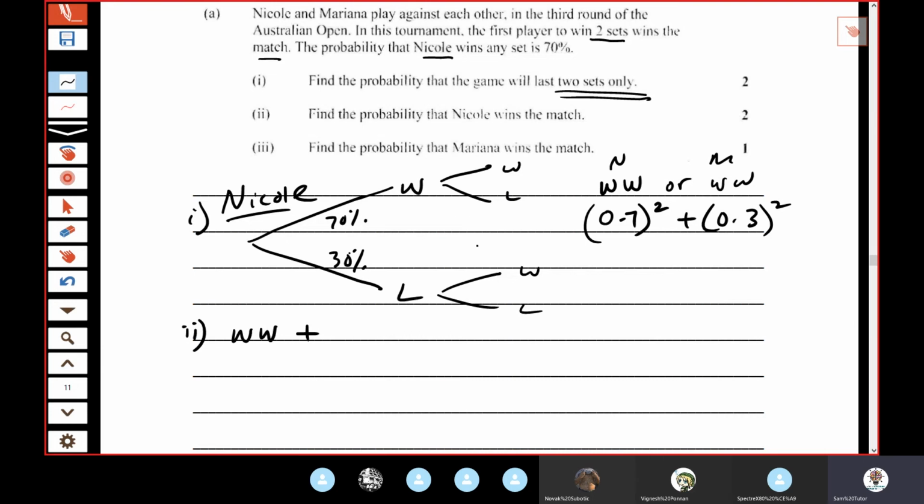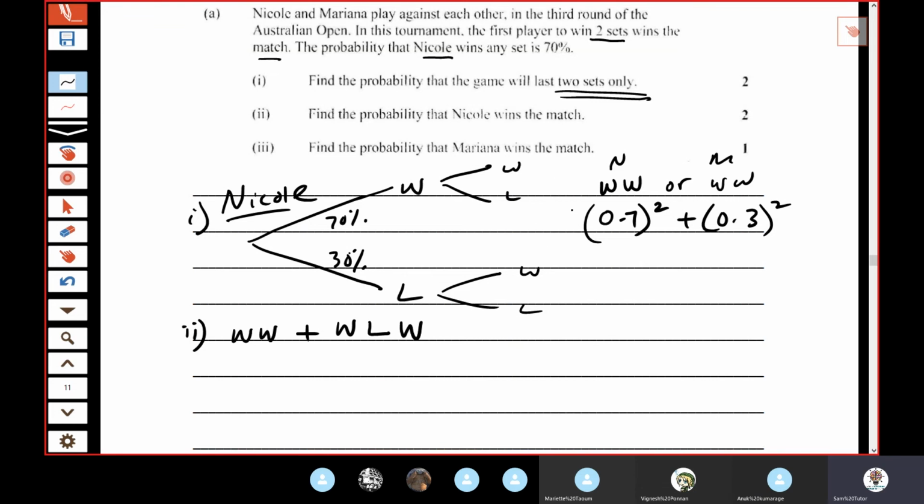Anybody else that knows what needs to happen? Lose. But then you didn't win. Mariana needs to win. Oh, sorry, Nicole needs to win. So if Mariana loses twice, isn't that the same as Nicole winning twice? Yeah. Win, lose, win. Yes, that one. Win, lose, win.